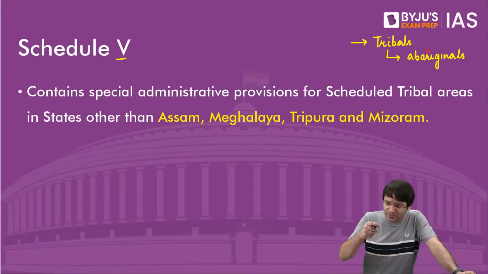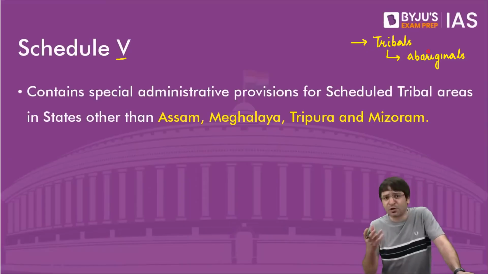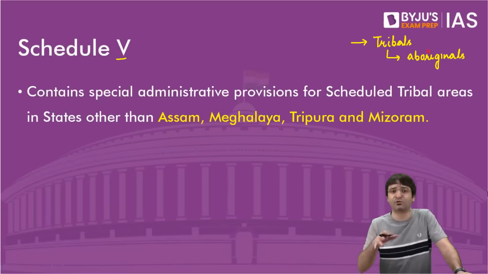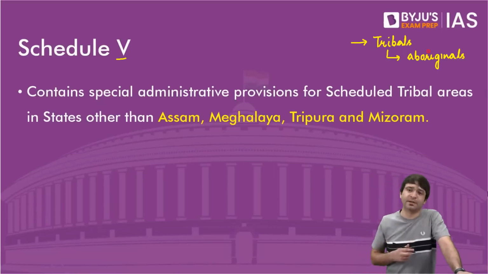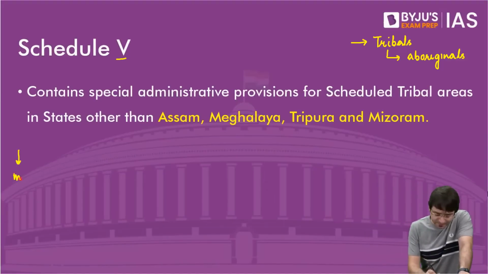Now, when you look at the colonial period, these tribals, we saw a lot of uprisings. Many a times in our history, these tribals, they rebelled against the colonial government, against the British government. And primary reason was money lending.